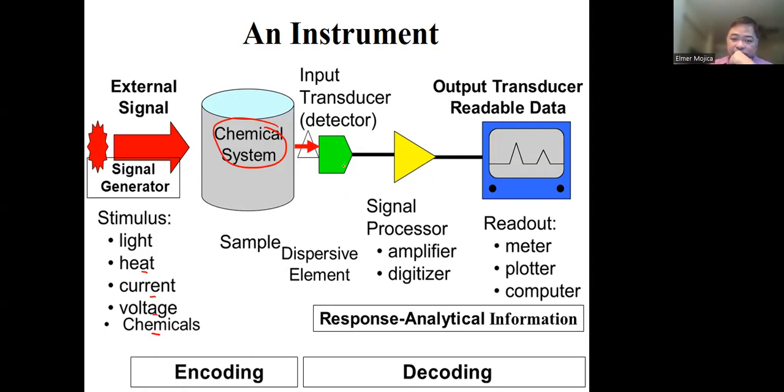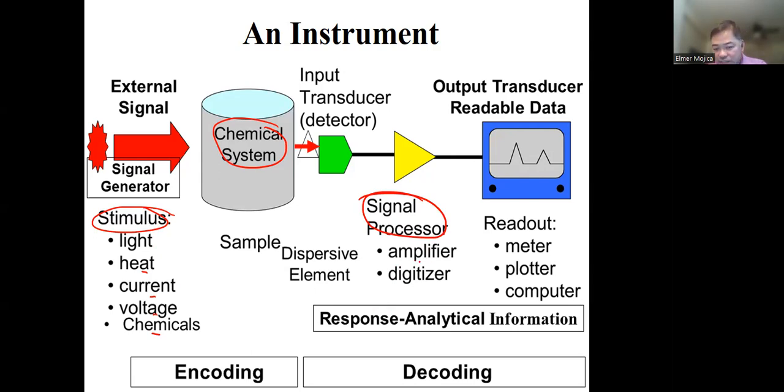So the input that you have there is in the form of the transducer. That's where you're going to have a system that is affected when you apply the stimulus. Once there's some sort of a reaction there, there's going to be a signal being generated.